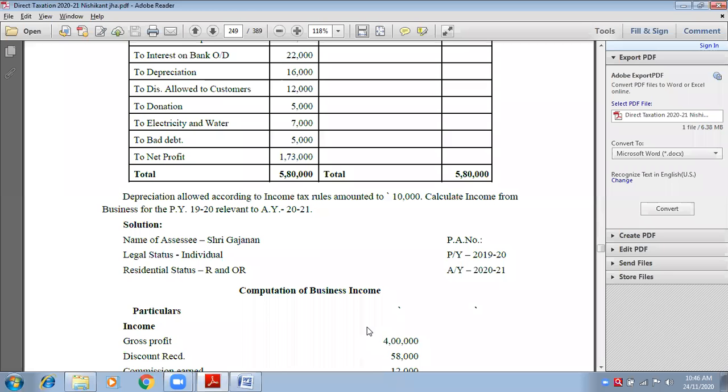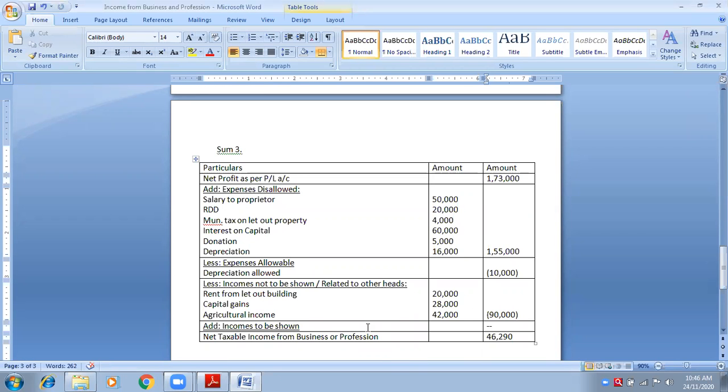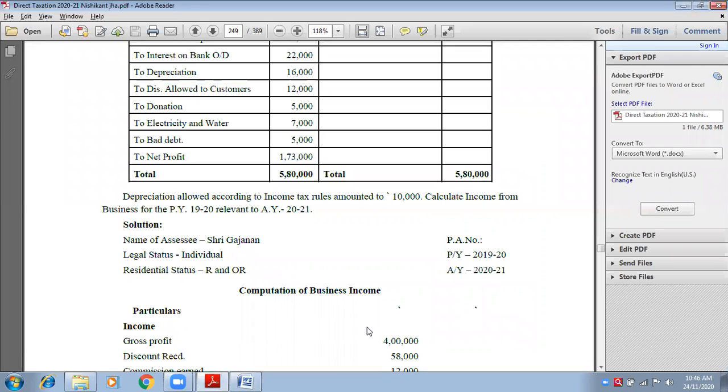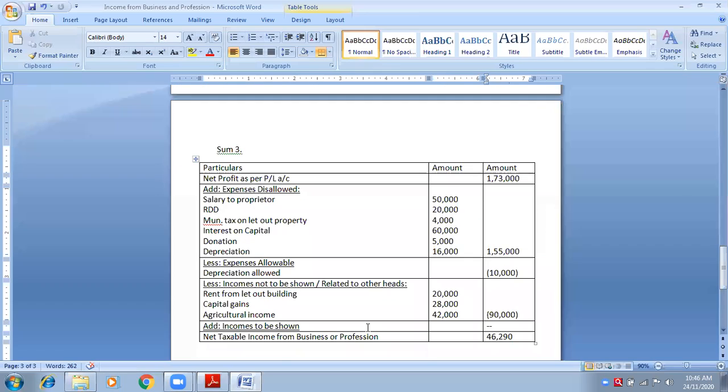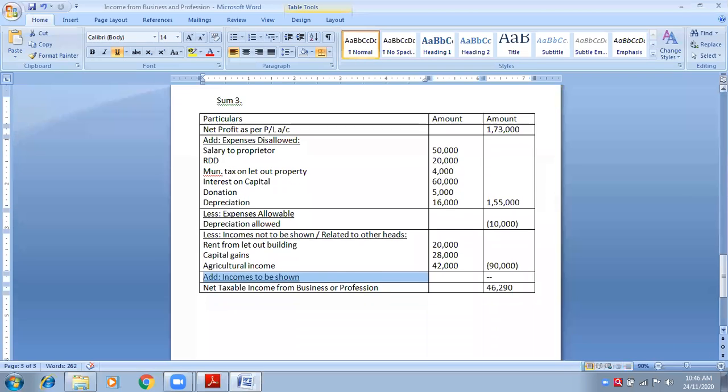Next item, add incomes to be shown. This will only be available in the, can you tell me where we need to check this item? The highlighted part, where we need to find. This item will be available only in the adjustment.